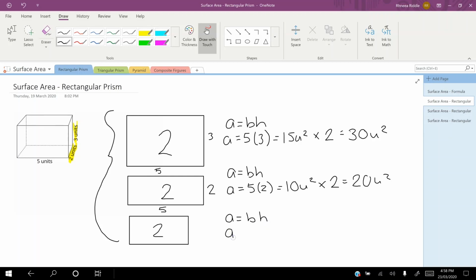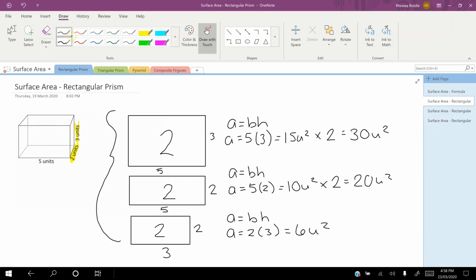We're going to do A equals our units 2 times 3. And when we multiply those together, we're going to get 6 units squared. There are 2 faces just like that, so we're going to multiply by 2. And we will get 12 units squared.